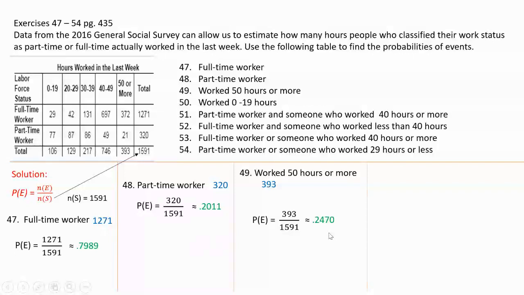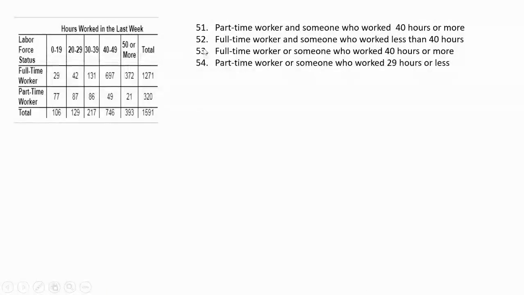Number 50. Work between 0 to 19 hours. So we go to 0 to 19 hours, which will give us 106. So it'll be 106 over the sample space, approximately 0.0666. Okay, on the next slide, I'm going to do maybe two more.